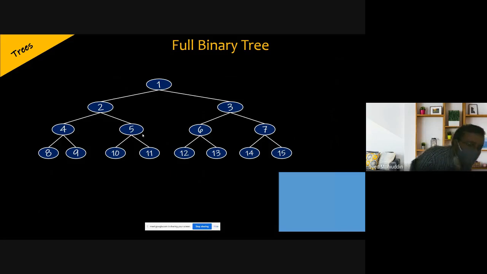But in the general sense, what we say in theoretical terminology is that in a full binary tree, all the non-leaf nodes or internal nodes will have exactly 2 children, and all the leaf nodes are on the same level. So you can see the leaf nodes 4, 5, 6, and 7 are all on the same level, and all the internal nodes have exactly 2 children.